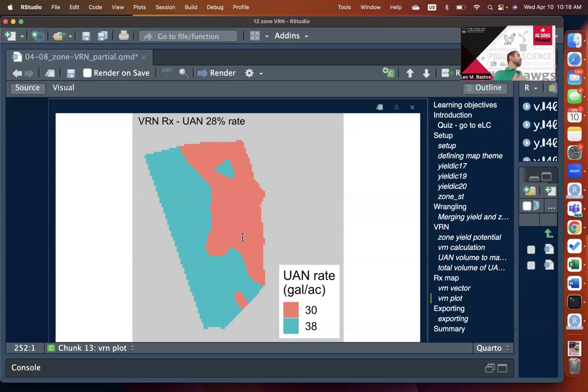Because we're using yield goal, we need to know the yield potential of these areas, which we did using the yield data that we cleaned and interpolated, and we then extracted that information per zone. If this had been a different nutrient, such as phosphorus or potassium, or perhaps a pH map where you're trying to make a lime recommendation, the process would be very similar. The difference is that you would not use yield goal as the variable determining the different rates.